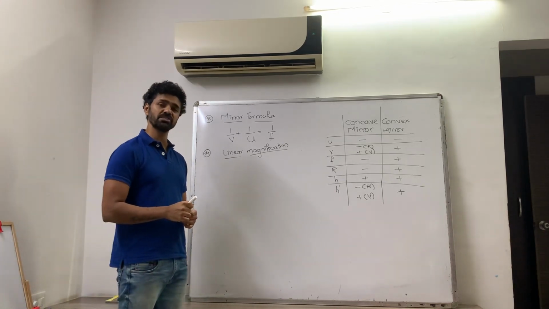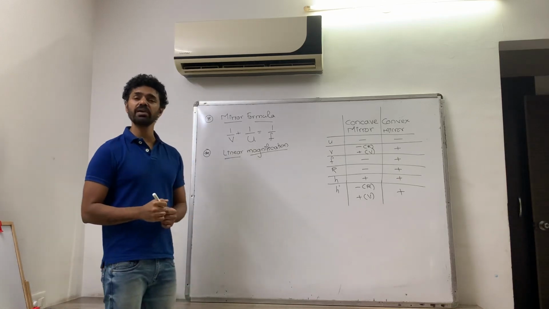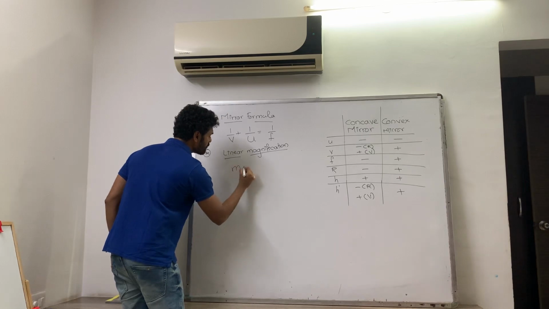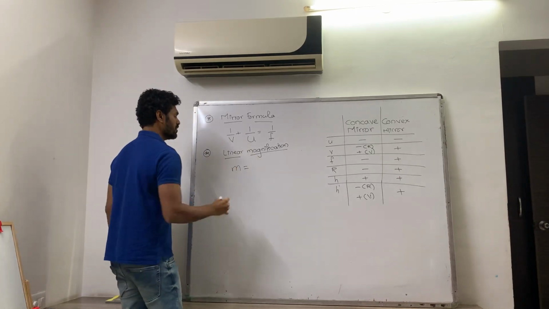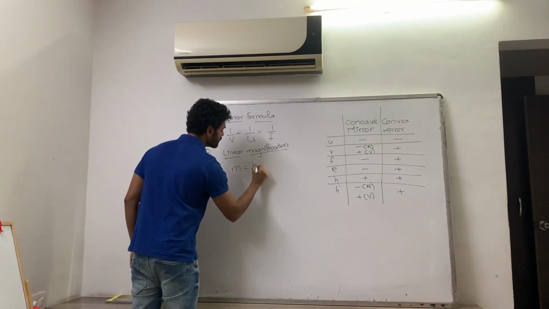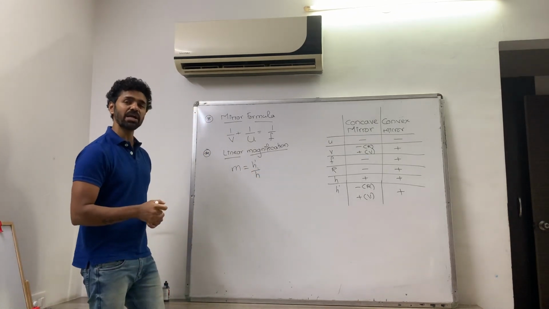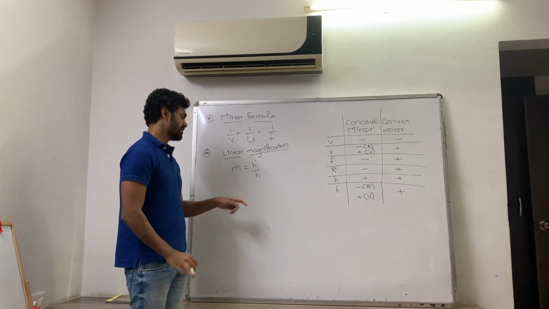It is denoted by the alphabet small m. So m equals h dash by h, that is height of image by height of object.